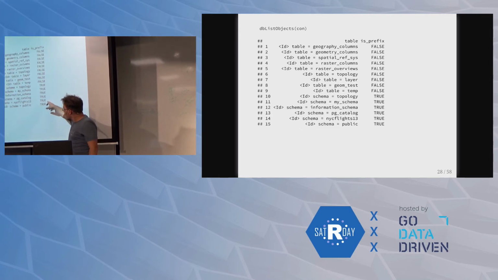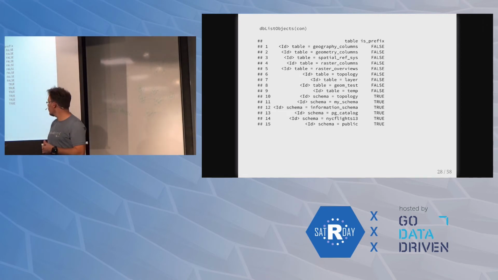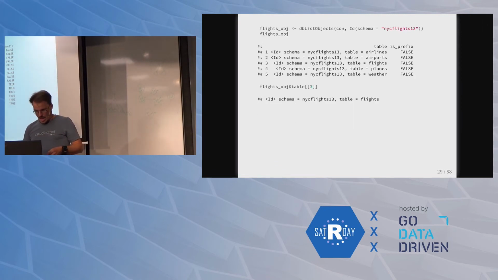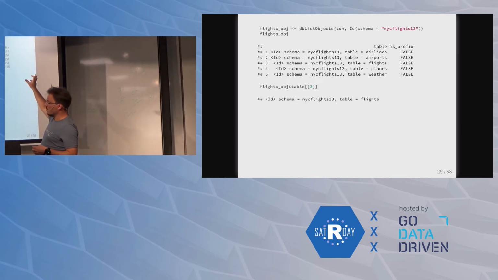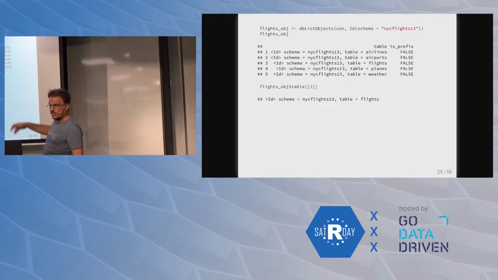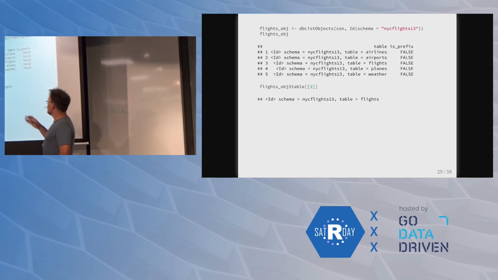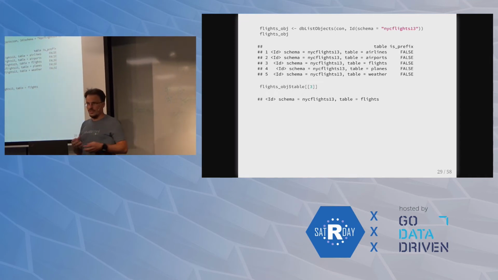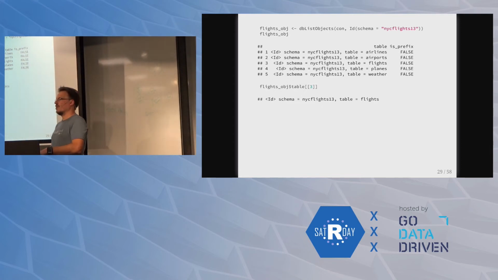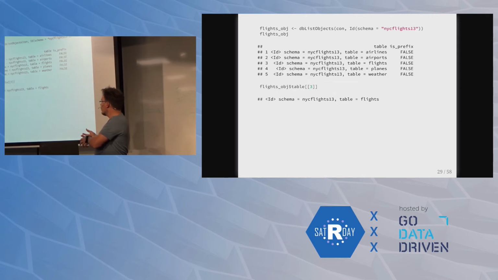So if I have imported the NYC Flights 13 data into my database, I can look up all the tables in this schema with this syntax. So using the same dbListObjects method, but now passing a schema argument, and it will list me the tables that are in there. And these ID objects are real things. You can use them to read, write tables, create them, remove them.